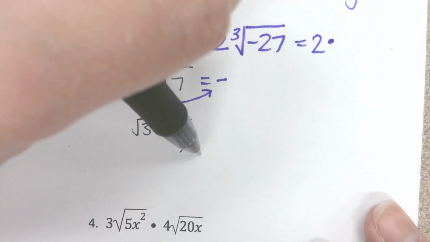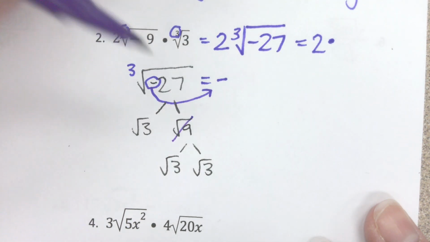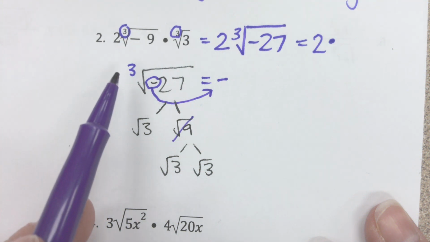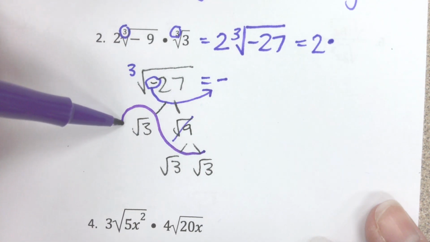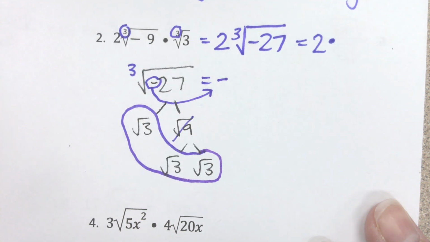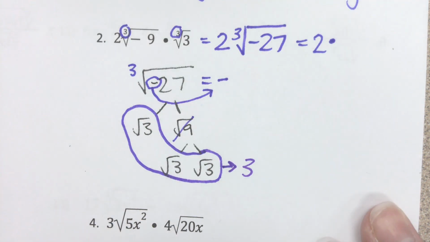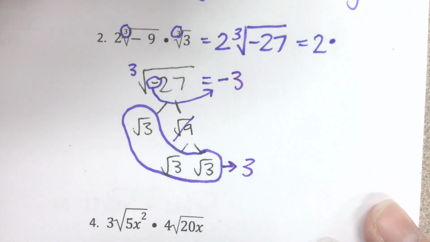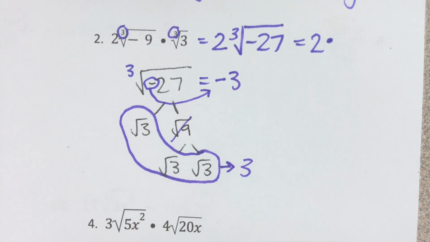And then the 9 can break down again into 3 and 3. 9's gone now. Cube roots, we want a group of 3, and we do have one group of 3s. 3 3s. And there's nothing left. So the only thing coming out of this is a 3. So a negative 3 is our final answer for the cube root of negative 27. That means 27 is a perfect cube.